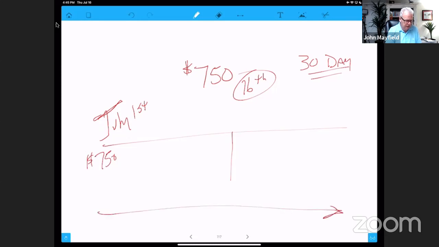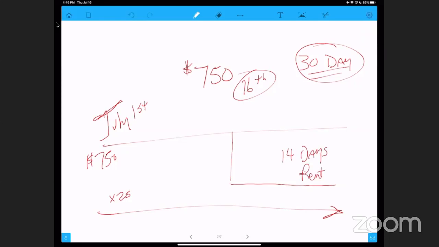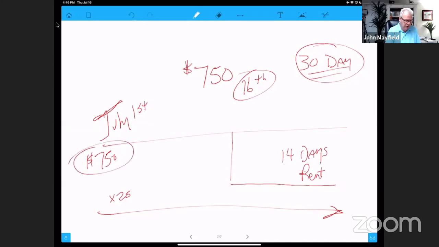So $750 divided by 30 equals $25 a day. If we closed on the 16th, there are 14 days of rent the buyer should get credit for. The seller already collected it. So I'm just going to take 25 times 14 and get $350.